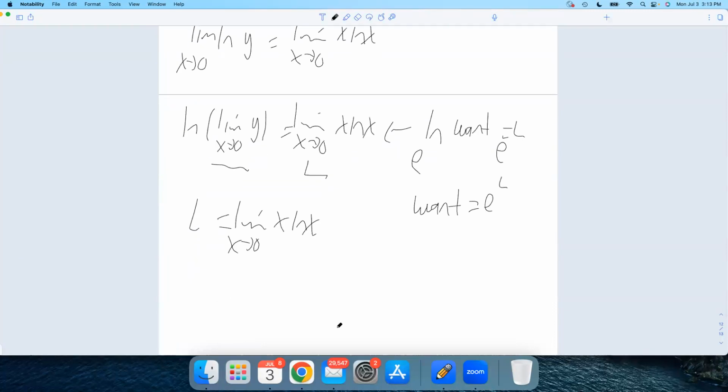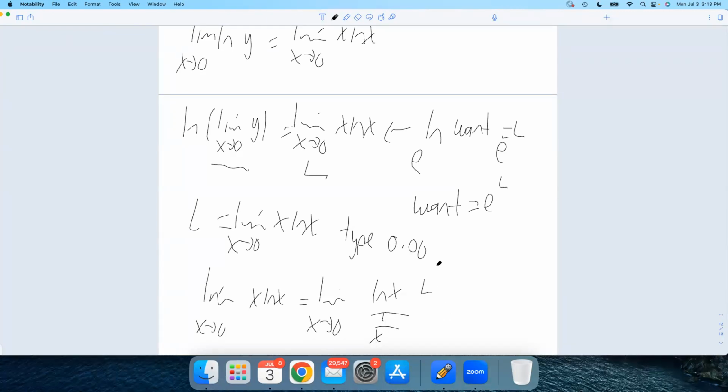What we just did, this limit, is type 0 times infinity. We just did this. Limit as x approaches 0 of x times ln of x will be limit as x approaches 0 of natural log over 1 over x.